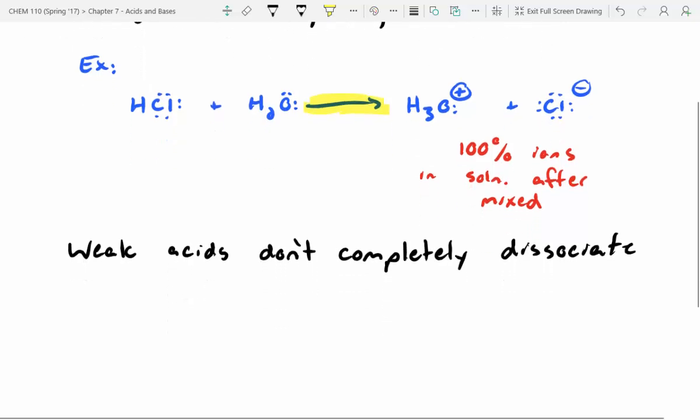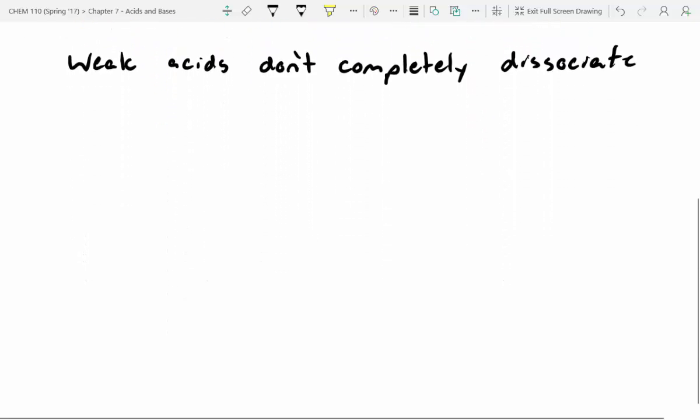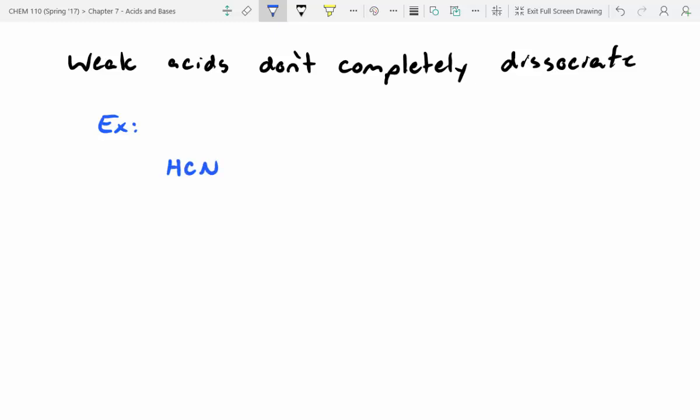So let's take a look at an example of a weak acid. If we go back to that table, the weak acid that was shown was HCN, cyanide. If we treat this with water, because it's a weak acid, it doesn't want to let go of its proton very much. It wants to hang on to its own proton.